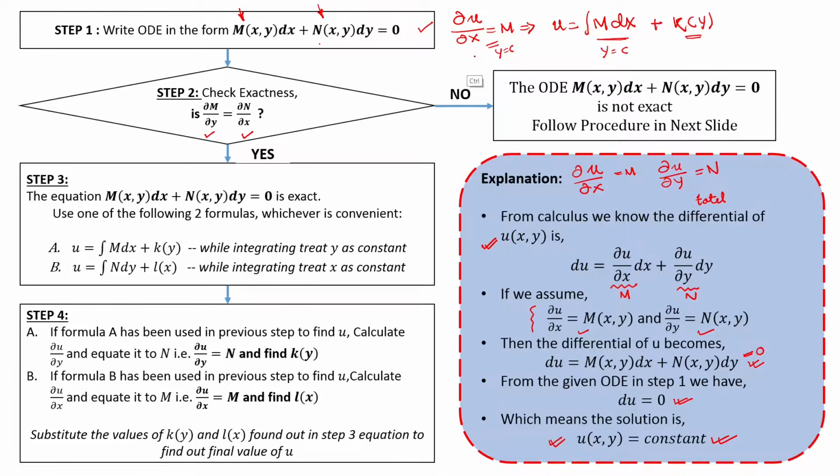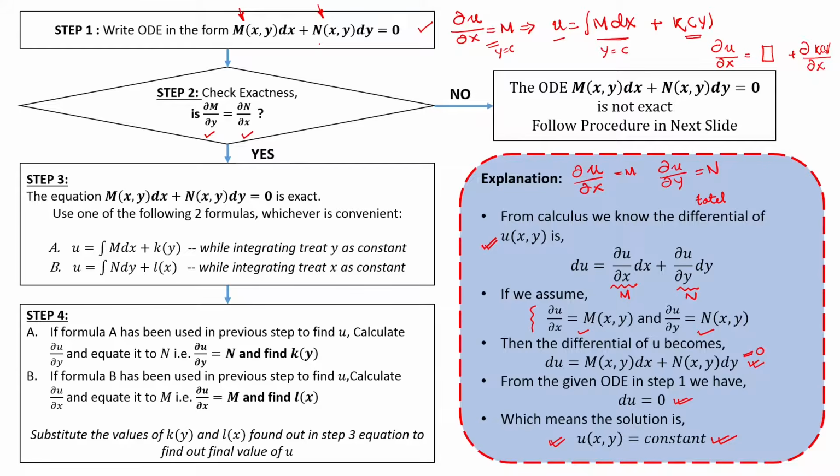Since this is a partial differential equation with respect to x, the constant of integration is a function of y. We can see that if we differentiate this u with respect to x, we will get del u by del x equal to the first term, which let us ignore, plus the second term, del k of y by del x.